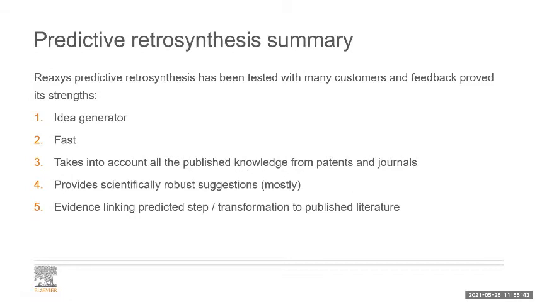As human beings, we can only keep limited things in mind, but having such a tool, it takes into account all of the chemistry that is published. It provides scientifically robust suggestions, mostly, because some synthesis are challenging for human beings, and similarly, some synthesis are super challenging for any AI system as well.